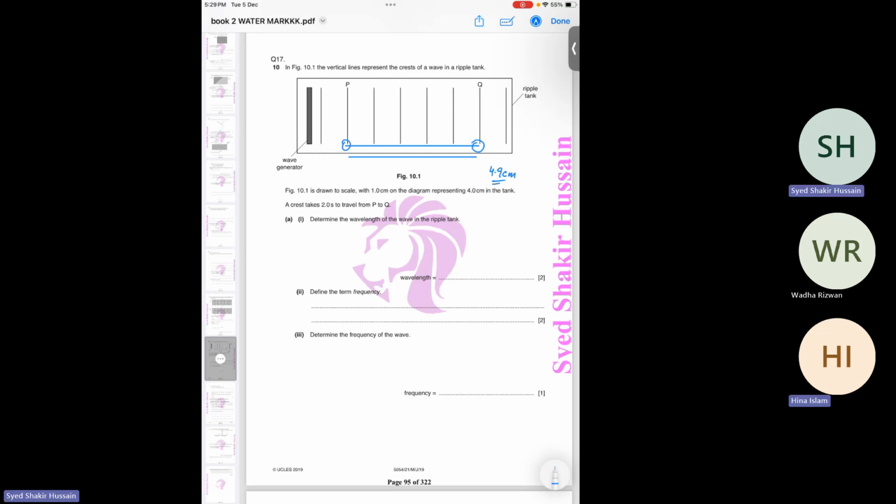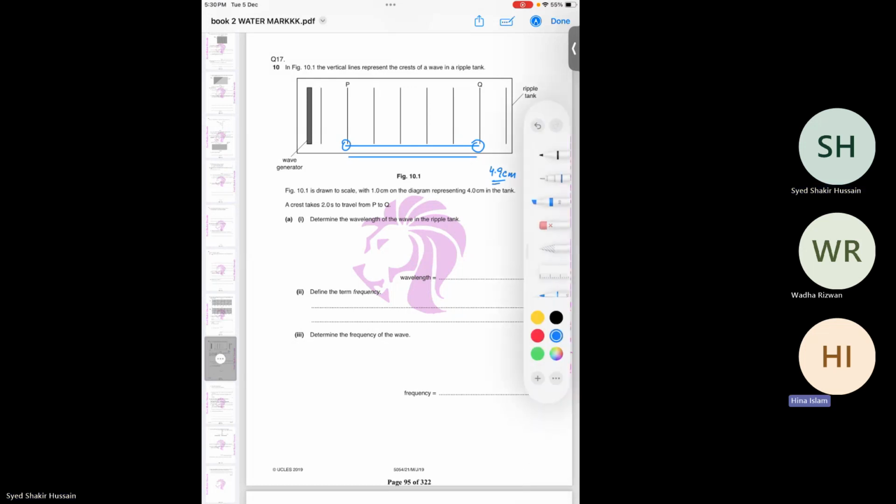If we talk about the diagram, it's 19.6, because the question says that 1 centimeter represents 4 centimeter in the tank. I'm just asking that whatever you have measured using your scale, this length from P to Q, was it 4.9? Yeah, it was 4.9, right?